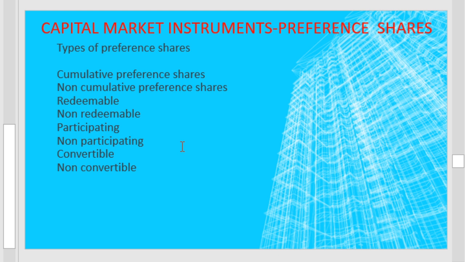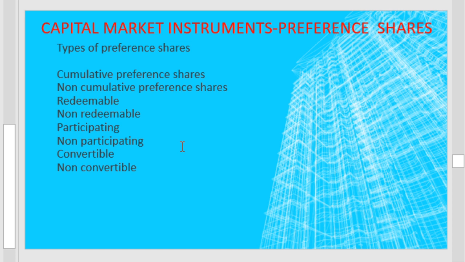Then the next one is convertible preference shares. Convertible preference shares can be converted into equity shares at the option of the holders, subject to certain conditions or according to the terms and conditions of their issue.